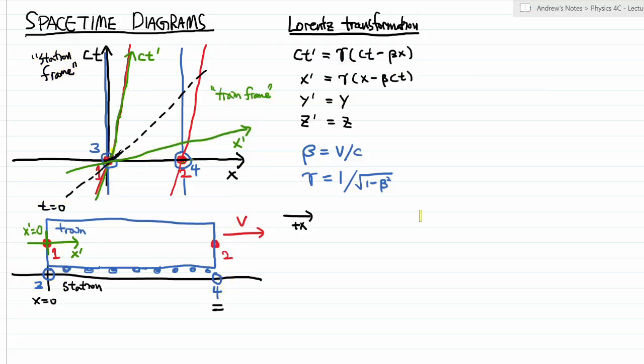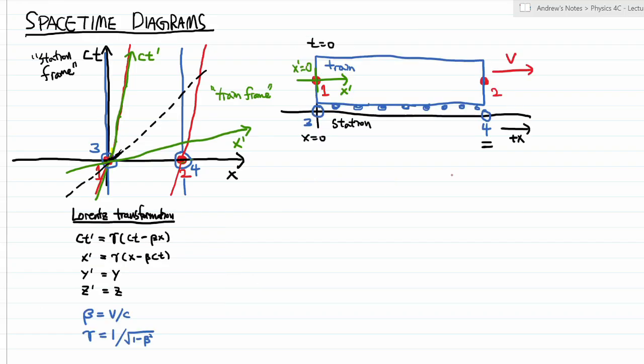Okay, let me move some of the things around so that I have this space for drawing for my examples. So this first example is the same situation that we used to introduce the relativity of simultaneity. Let's say that we have a light bulb that's placed in the middle of the train, and we pick a moment, let's say t equals 0, for this light bulb to go off.